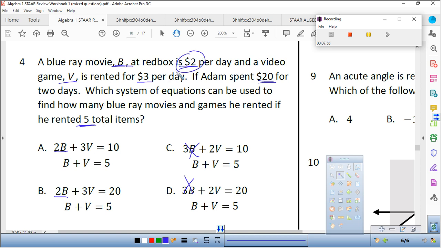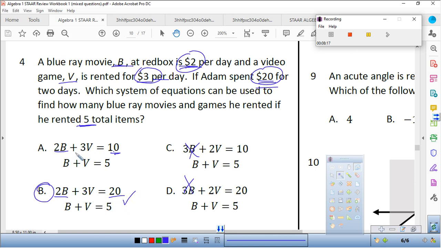Since we're talking about the money, it goes to that money. 10 is not good. You know why? Because that's the number of items for 2 days, right? But the money goes with the money. That's why that's the answer.